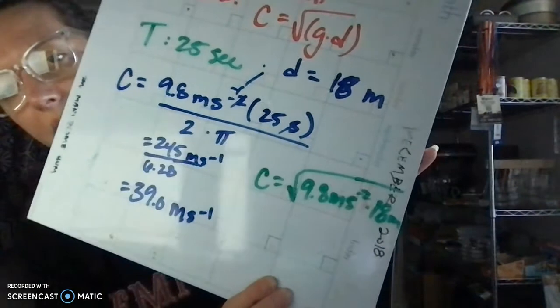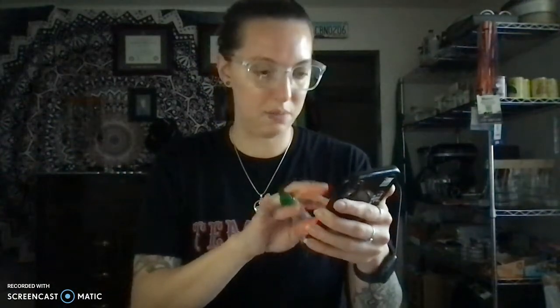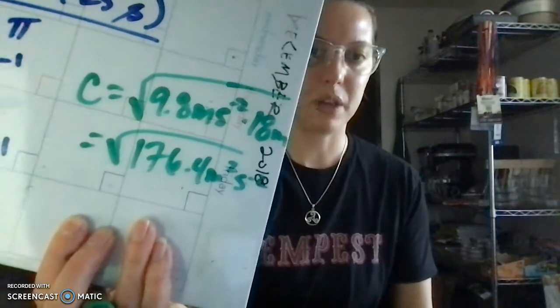A big thing here is you need to multiply those two numbers before you take the square root. That's a common thing that students miss, which is totally fine. I would mess that up all the time as well. So 9.8 times 18 is 176.4 meters squared per second squared, since meters times meters is meters squared. And then you would take the square root of that.